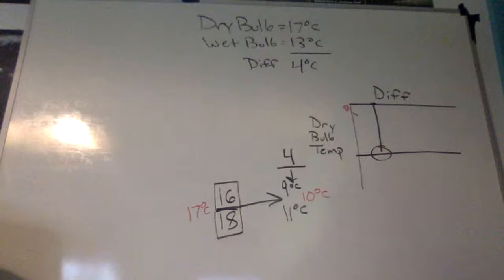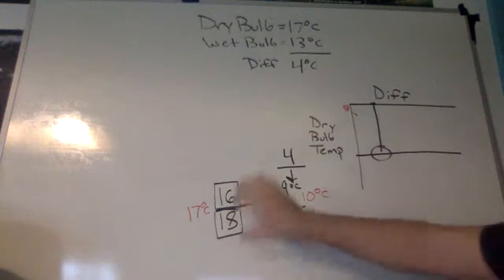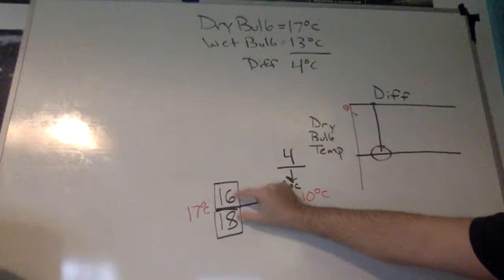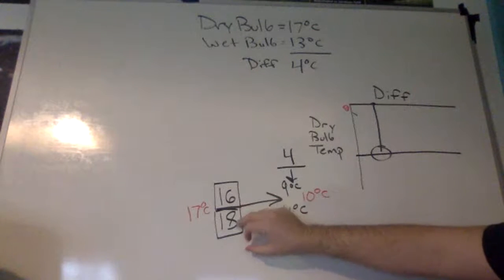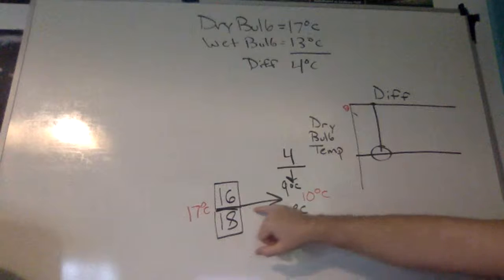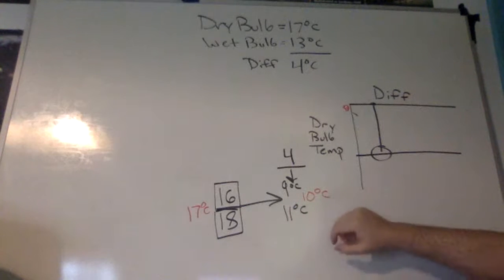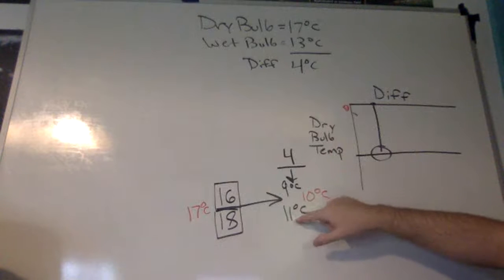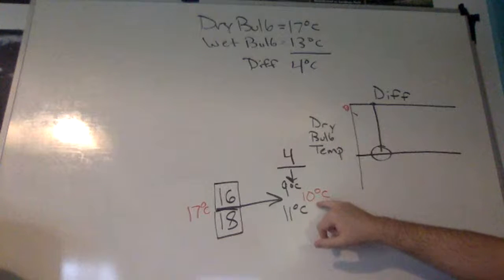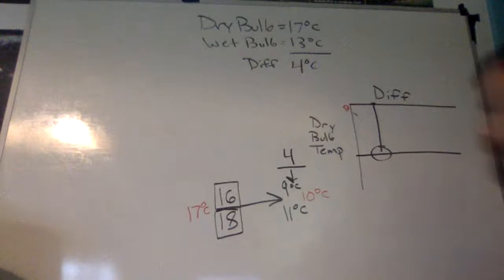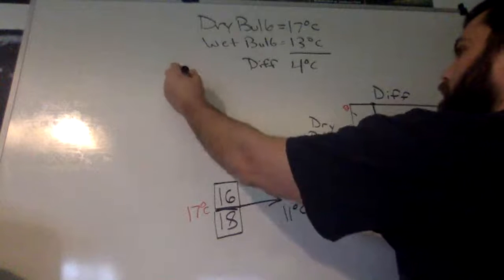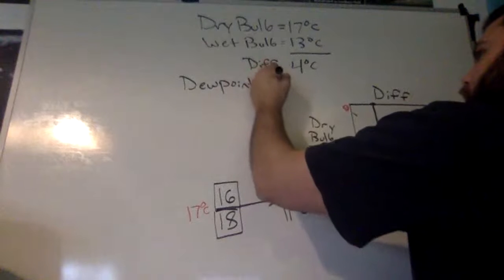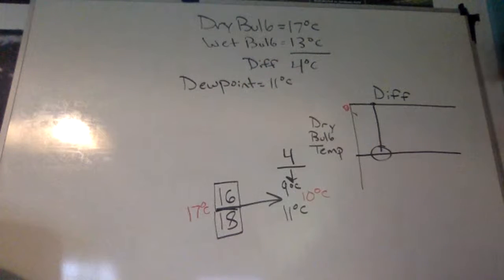That's all we have to do when they give us an odd number: we look in between whatever numbers it's given. In our case, it's 16 and 18 because we're looking at 17. We follow it across, and we end up getting a number between 9 and 11, which has to be 10. So our dew point for this problem equals 11 degrees Celsius.